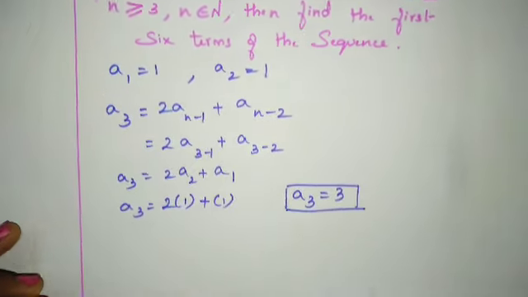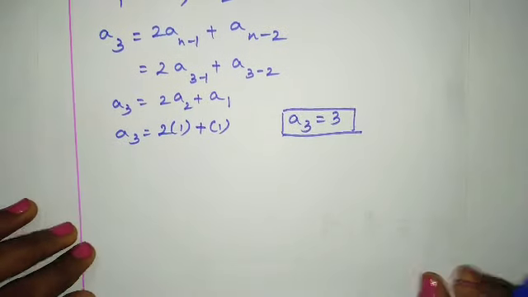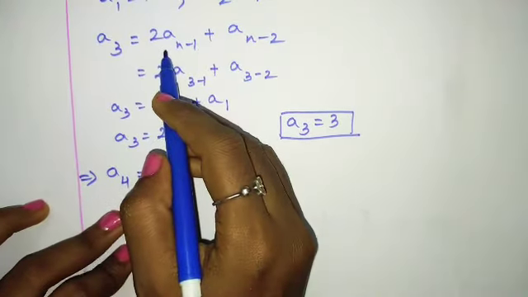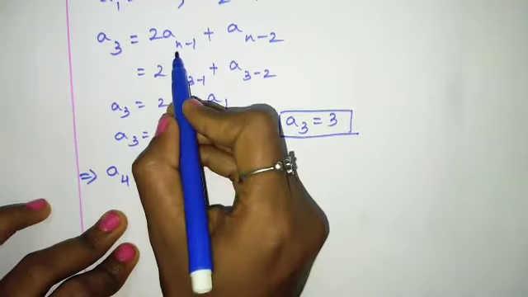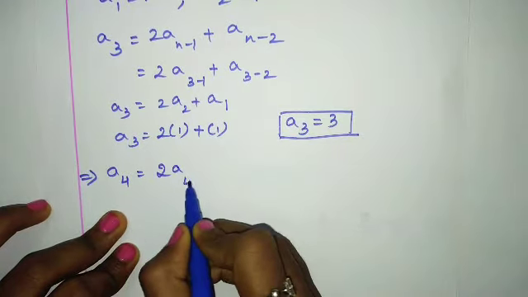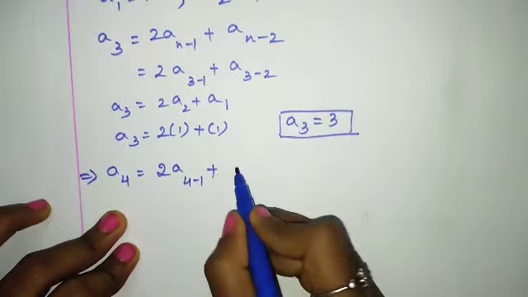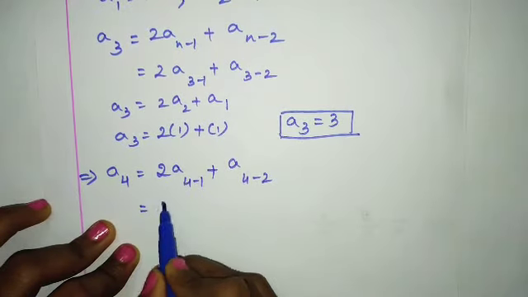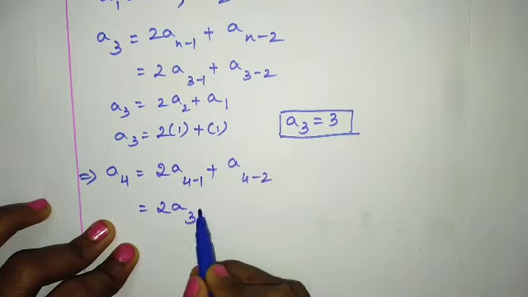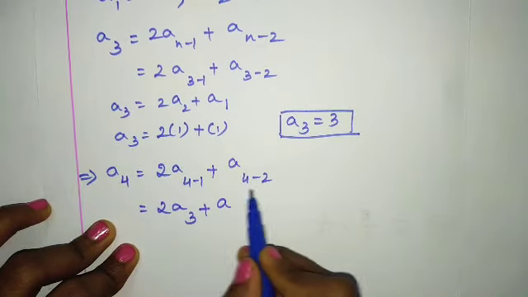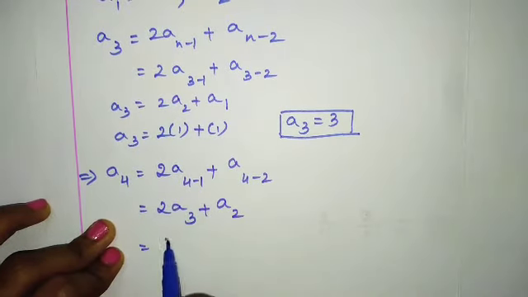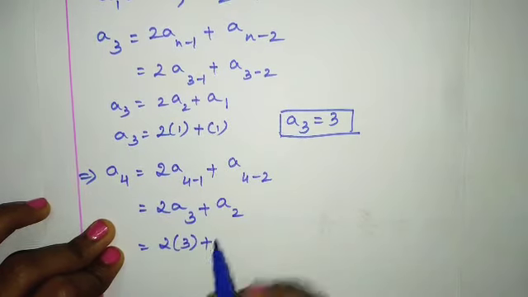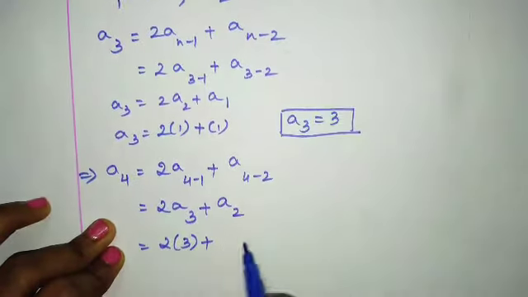Now we'll see the fourth term, a4. Again, wherever you have n, substitute 4: 2 into a(4 minus 1) plus a(4 minus 2), that is 2 into a3 plus a2. a3 we just found, that is 3, plus a2 which we know is 1.